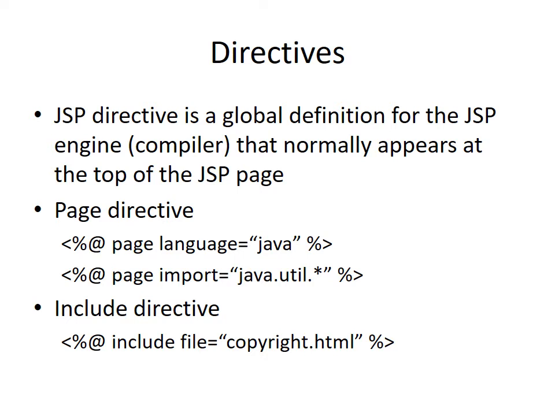The name of the tag is page. Then I have all these attributes. As I said, there are 10 attributes. We have a term work to explore the attributes of the page directive tag, so I'll take this in detail in the next class. But at present, just to explore the syntax, I have the attribute name and its value.